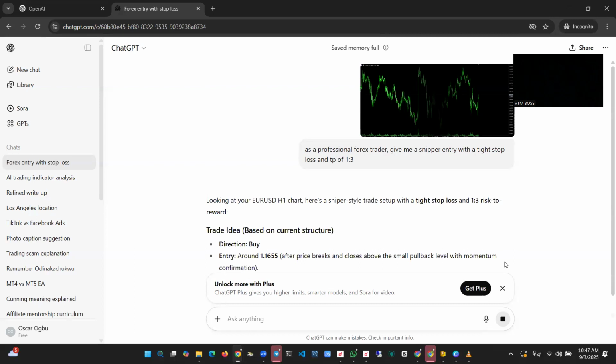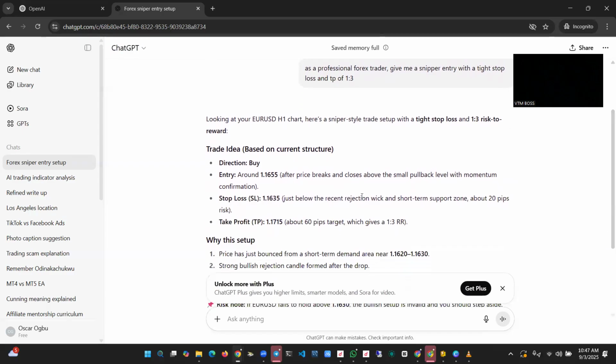entry. First of all, it's going to tell you that this is EUR/USD, the chart, and whatever it is. Okay, so look at this. Direction is telling you that it's a buy. Can you see that? Entry around is telling you to enter around this, after price breaks and closed above the small pullback level with momentum confirmation.